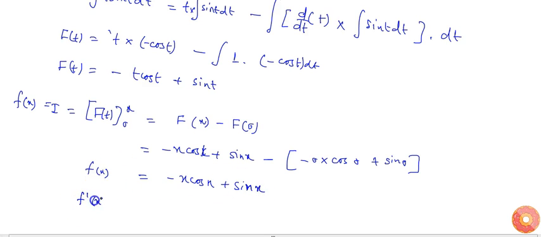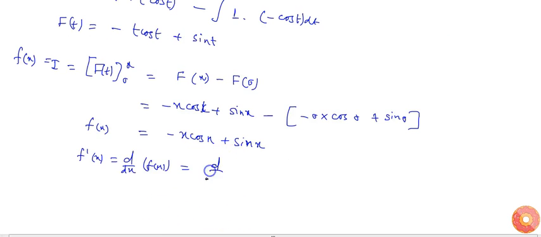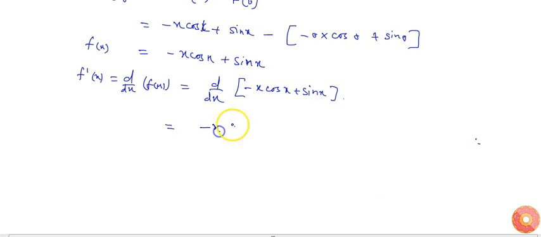So f dash x will be d by dx of f(x). So from here I can put the value of f(x), which is minus x cos x plus sin x. Its derivative will be minus of x d by dx of cos x minus cos x d by dx of x plus d by dx of sin x.